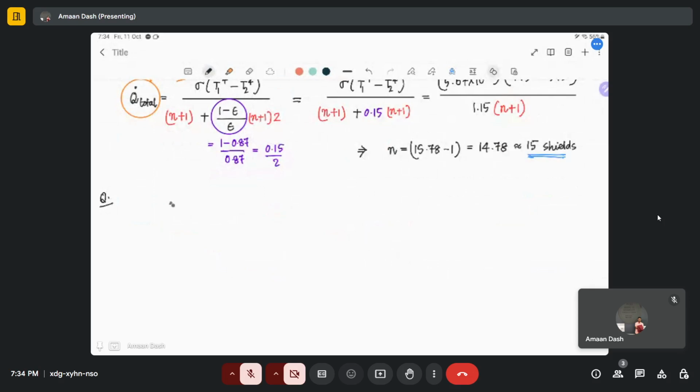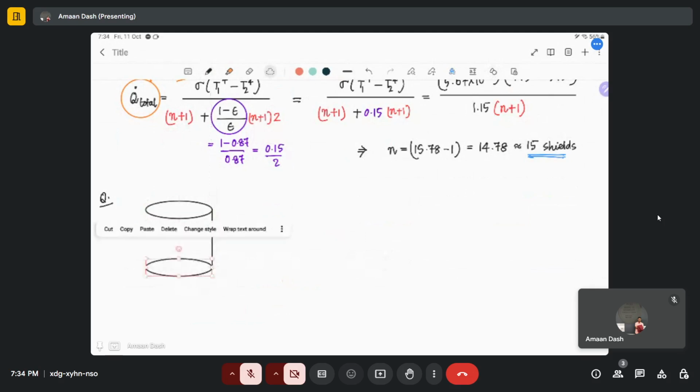Because we have to find out the value of n. And this q dot we know from previously, we have calculated this total to be 10551.